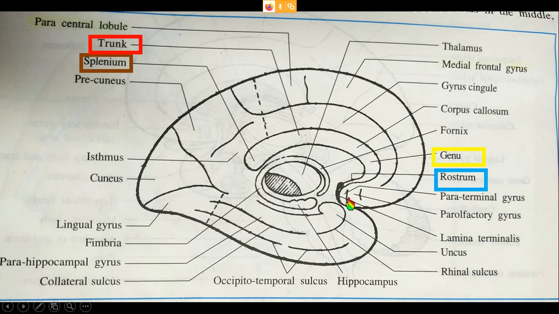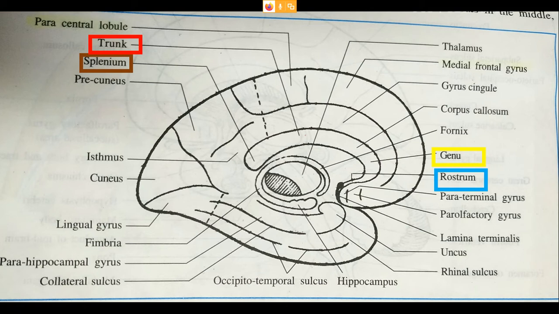So between the anterior and the posterior para olfactory sulcus, the projection is called the para olfactory gyrus. So here is the paraterminal gyrus. In front of it, you can identify the posterior para olfactory sulcus. Then in front of that, you can identify the para olfactory gyrus. And here you can identify the anterior para olfactory sulcus. Okay, so these structures you have to remember.